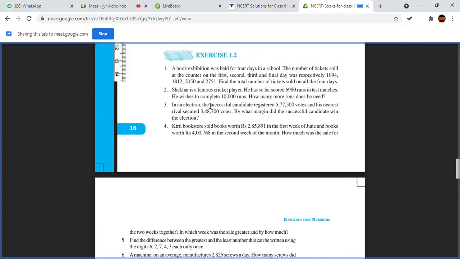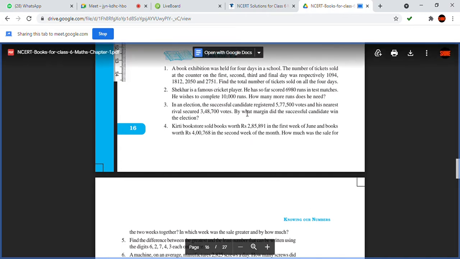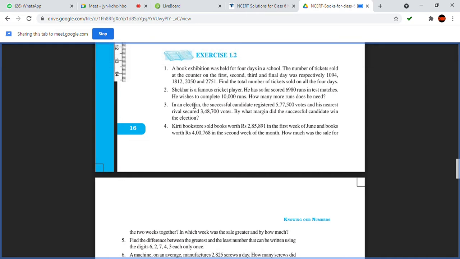Next step, runs he wishes to complete. Miss, we can write like number of runs he wishes to complete. Okay, that's okay. If there are little changes in your steps, that's okay. Your steps should be meaningful, that's all. Number of runs he wishes to complete is equal to 10,000.